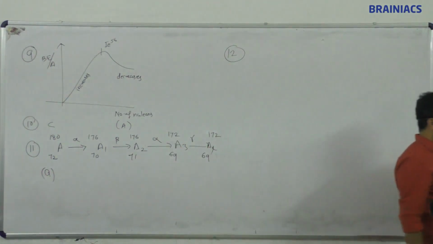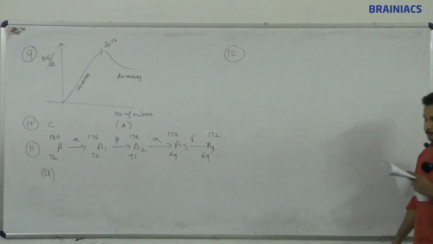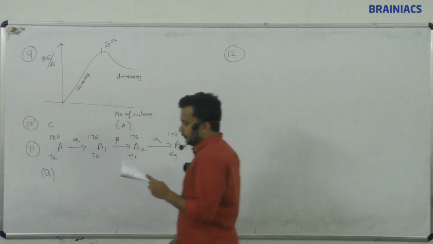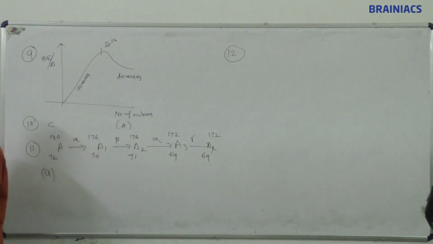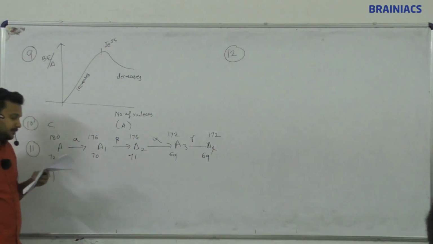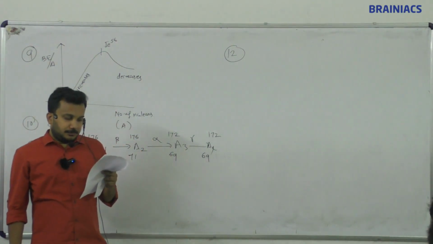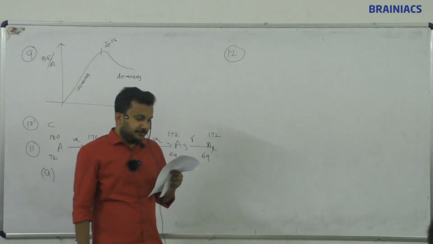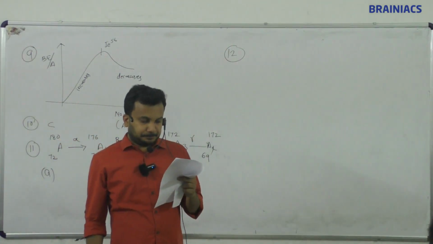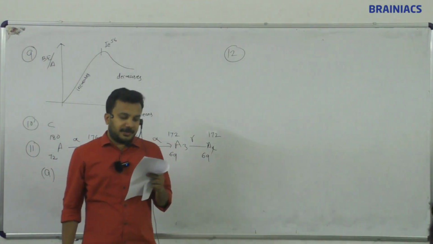12th. The activity of a radioactive sample is measured as 9750 counts per minute at t equal to 0 and 975 counts per minute at t equal to 5 minutes.